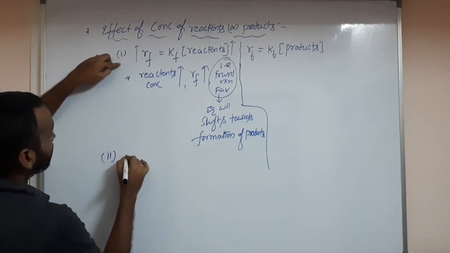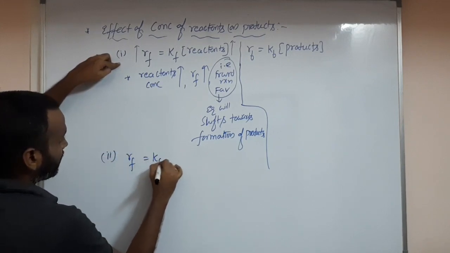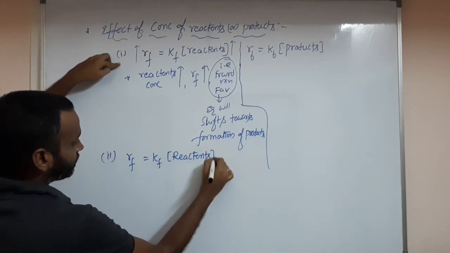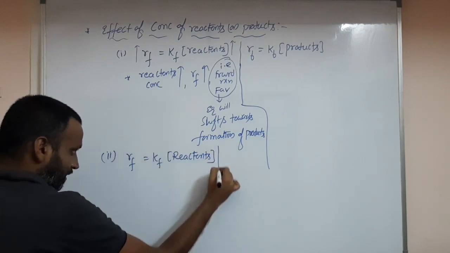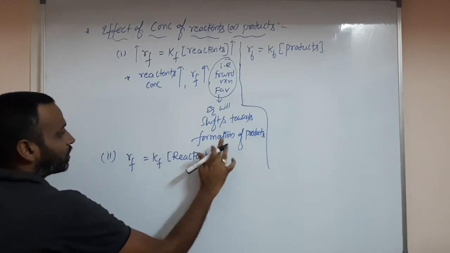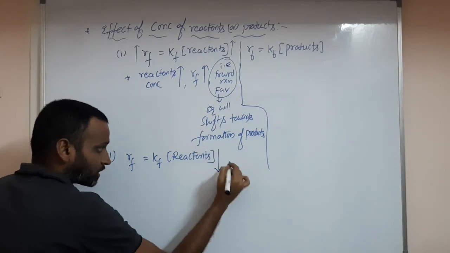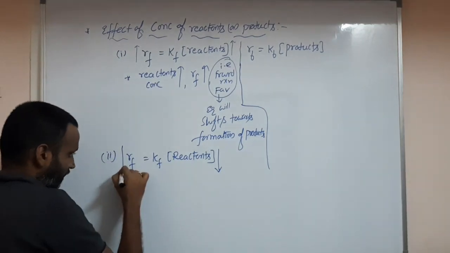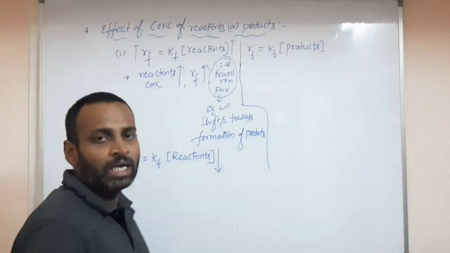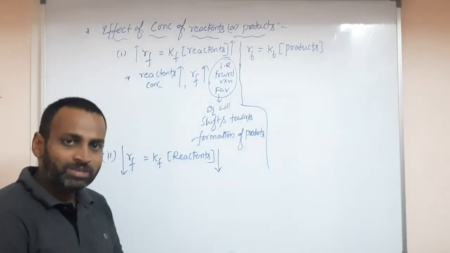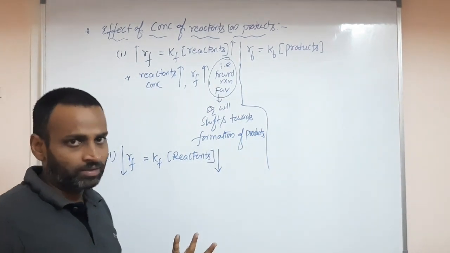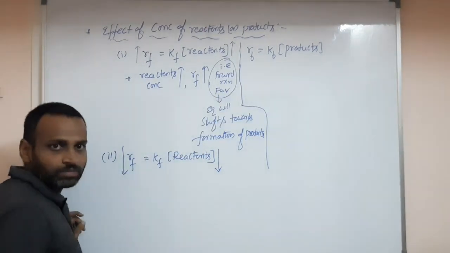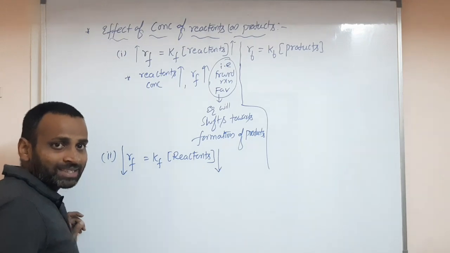Next, rate of forward reaction equals Kf into concentration of reactants. When the reactant concentration decreases, the rate of forward reaction will decrease, so the backward reaction happens. So reactant concentration increases, forward reaction; product concentration increases, backward reaction.